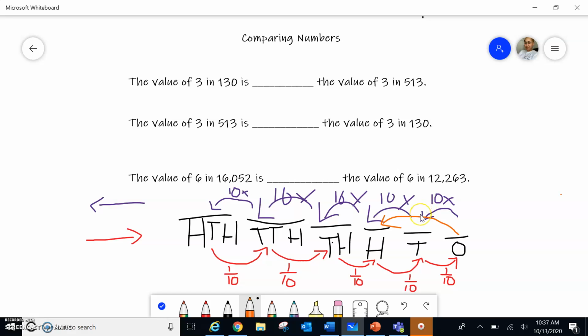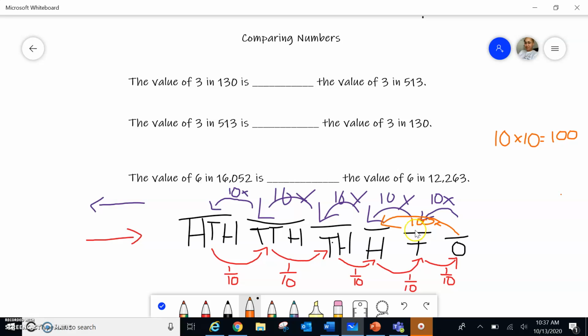So this is 10 times, and then 10 times. 10 times 10 is going to equal how much? 100. So the hundreds place is 100 times larger than the ones place.